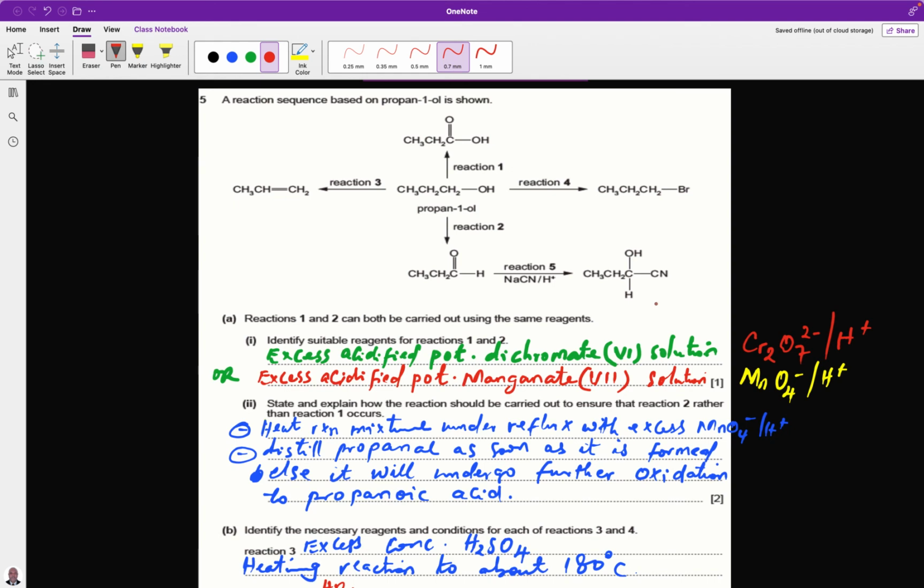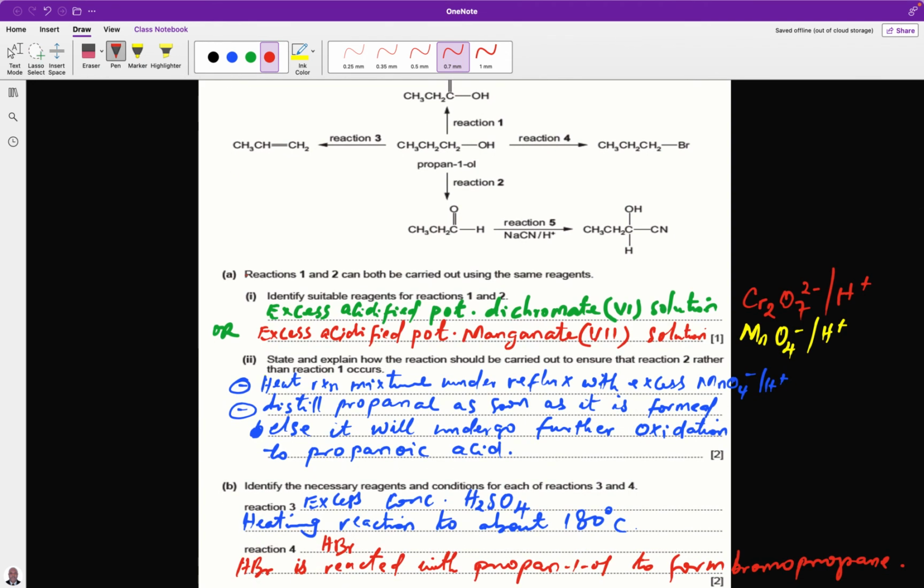This compound has four different groups attached to the central carbon, and for that reason, it can result in optical isomerism. So you are reminded to study such synthetic routes so that in subsequent exams, if you find such questions, you know how to interpret and answer them.